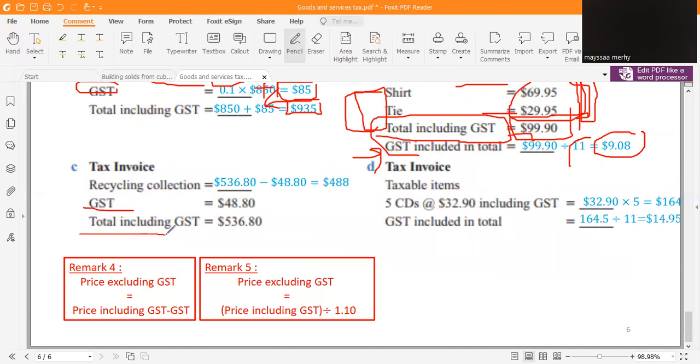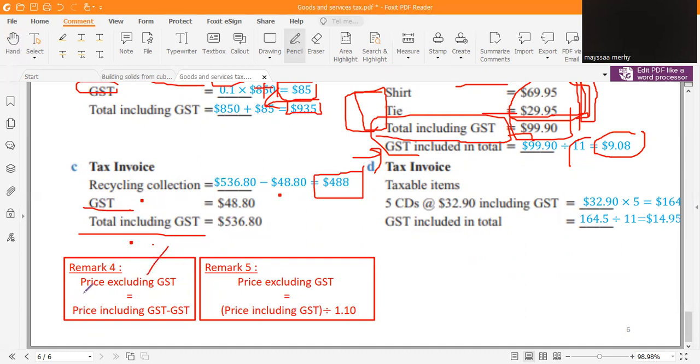Next, we have the GST and the total including GST. If we have the GST and the price including GST, we can simply subtract the GST from the price including GST to obtain the price excluding GST, as we see here.